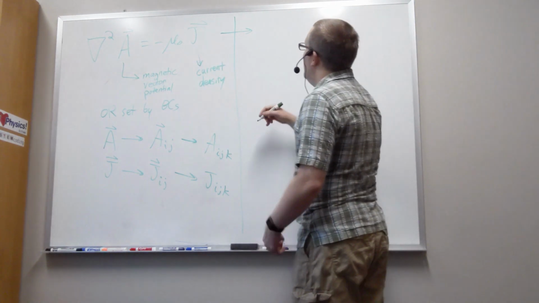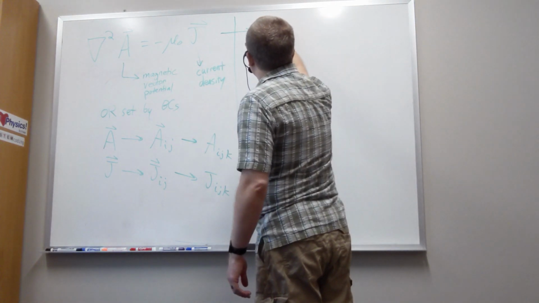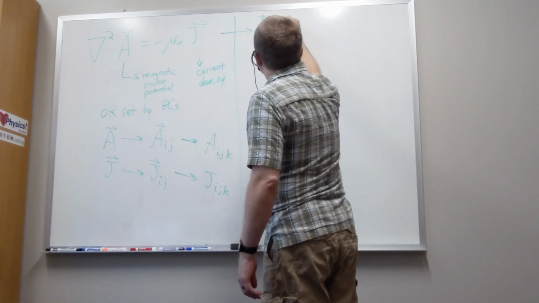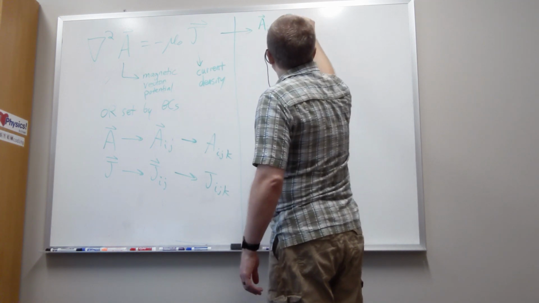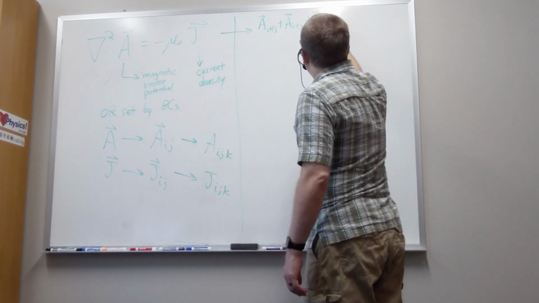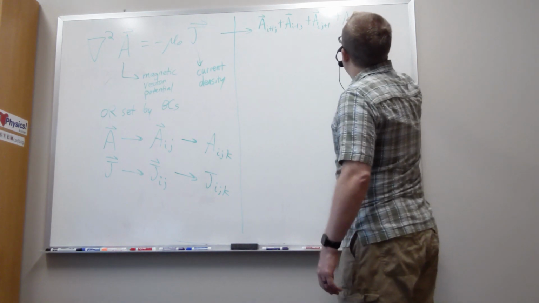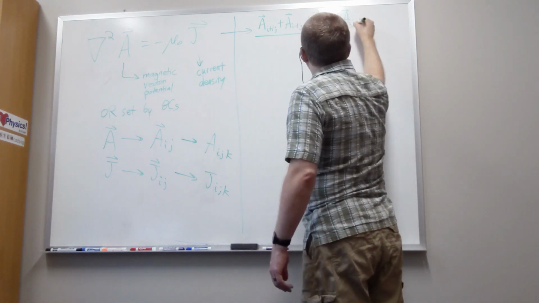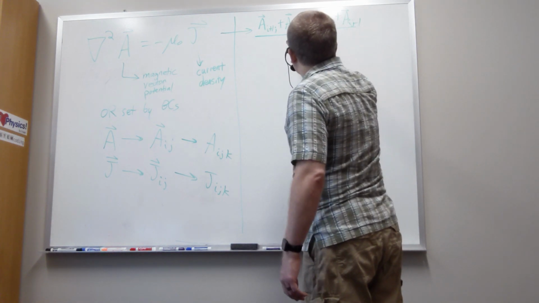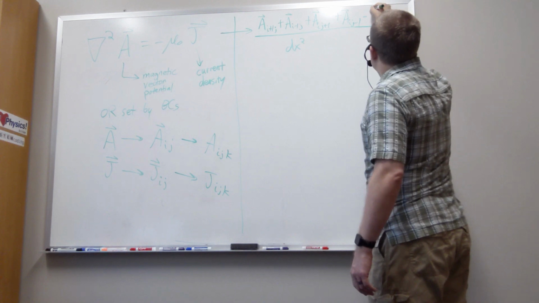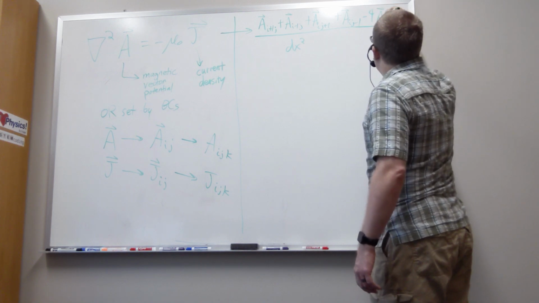So we have our Laplacian. We've seen how to transform that before. We'll have A to the right plus A to the left plus A above plus A below, all divided by our step size in x squared. And also up here we need to have minus 4 times A_ij.